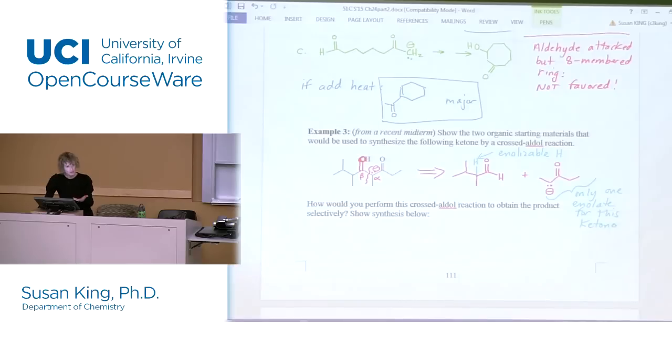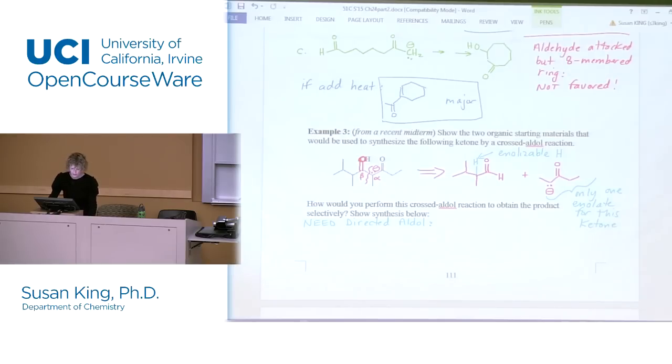So when you provide your conditions for the crossed-aldol, you want to provide conditions that are going to give you 1 major product. So what we're going to do here is do a directed aldol. Rather than throwing both of these things together with sodium hydroxide, we're going to form the enolate completely with the compound that we want to form the enolate from.